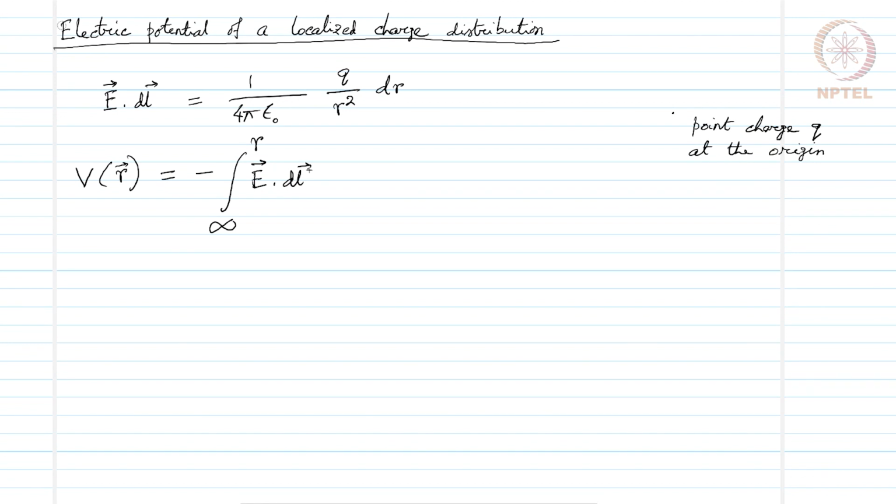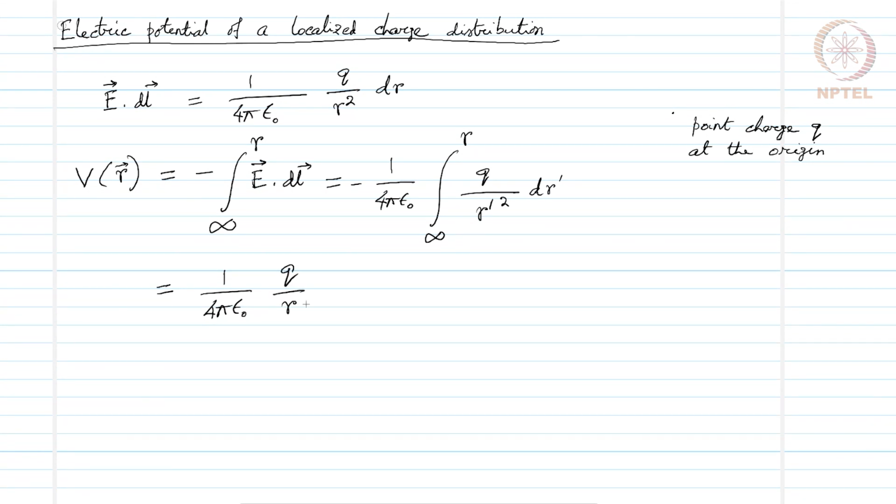That becomes minus 1 over 4 pi epsilon naught, integration from infinity to r of q over r prime squared dr prime. r prime is just a dummy index, so that we can have the limit of the integration as r, and that becomes 1 over 4 pi epsilon naught q over r.